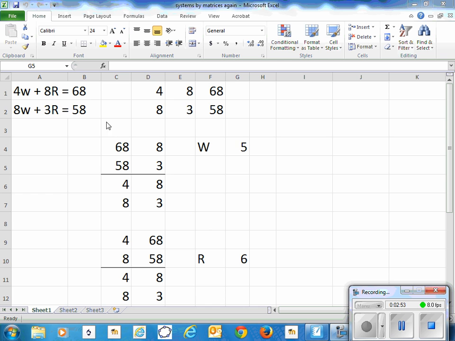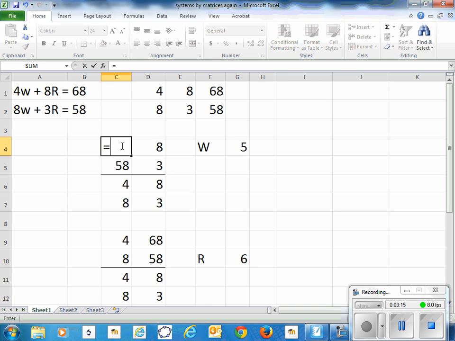We can create a matrix of just these coefficients and then the term on the right, the constant term, and put them in like this. And then I could define this cell right here. Instead of typing in 60, I could say equals F1.